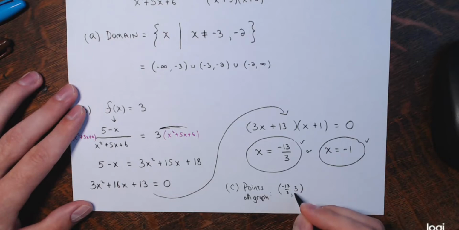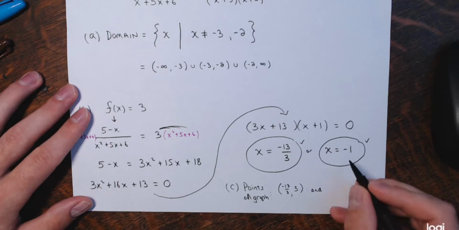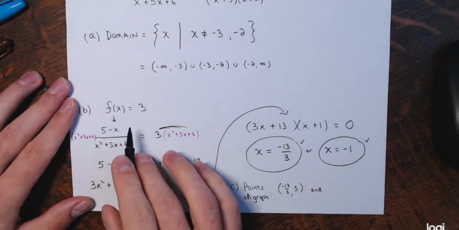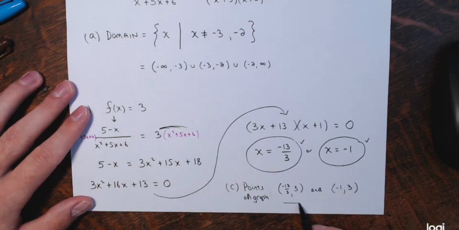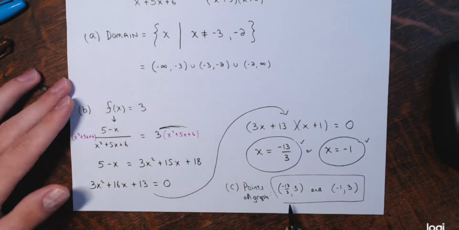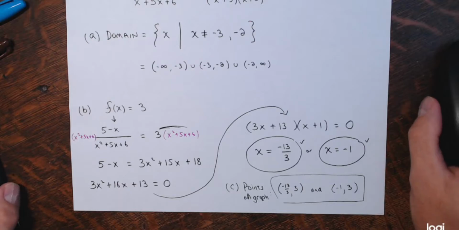So negative 13 thirds, comma 3. And the other point that I know from the previous part would be when x is negative 1, the output will be 3. Right, so the graph that I look at later should have both of these points, negative 13 thirds, comma 3, and negative 1, comma 3 on it. Well, let's see that happen.